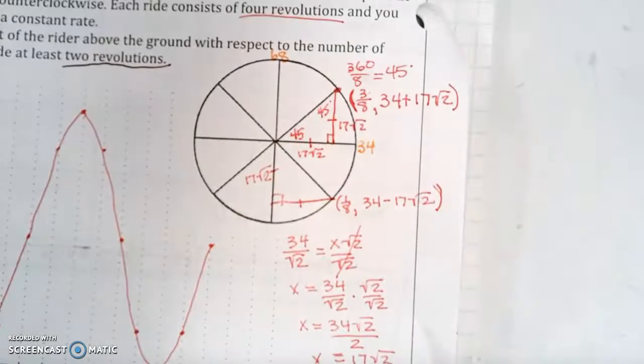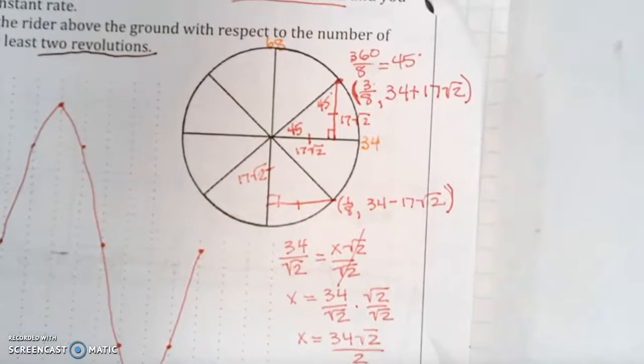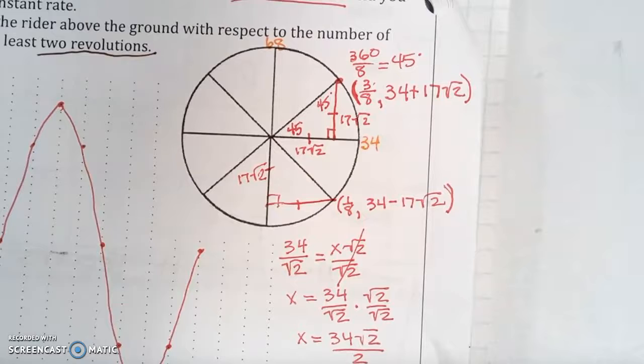All right, if there are 8 cars or pods, whatever you want to call them, you're going to take your 360 and divide it by the 8. That means it's going to have 45 degrees for each, right? That creates 45-45-90 triangles, okay?